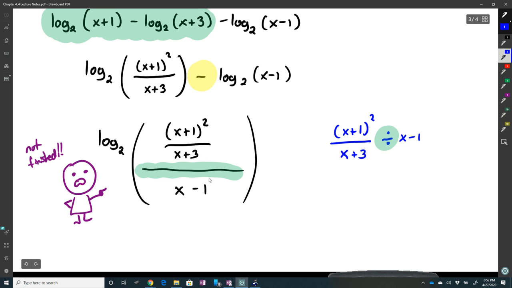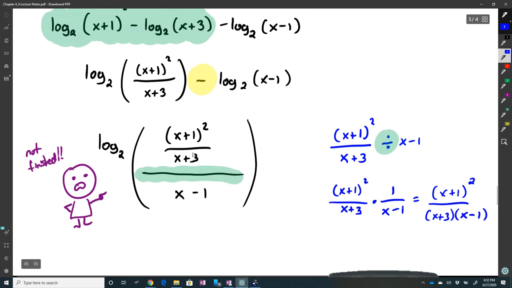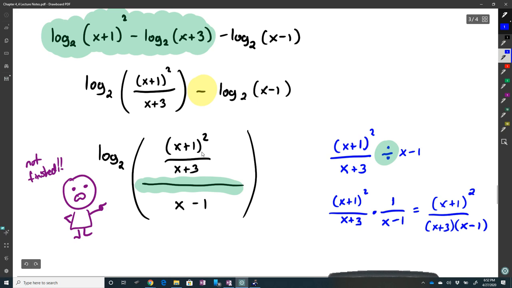Now hopefully you remember from way back when that you can change division to multiplication by flipping it. And so from here we can see that this is just x plus 1 squared over x plus 3 times x minus 1. That's all it is. So you have to turn it into one fraction. You can't just leave it looking ugly like that. So let's do that.